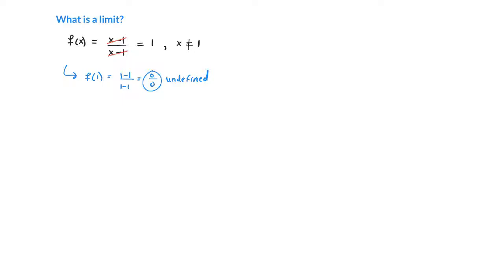In fact, in calculus, we're going to call 0 over 0 an indeterminate form. That means we cannot have an answer. An answer is completely impossible to determine, because 0 over 0 is undefined. So as long as we understand that this function is equal to 1 when x doesn't equal 1, then you can go ahead and cancel x minus 1.